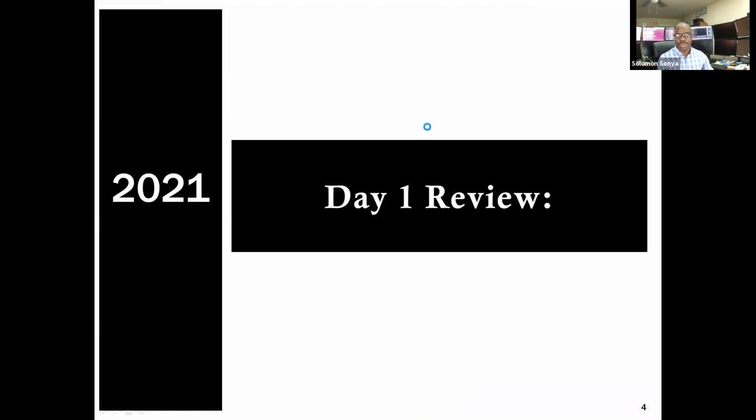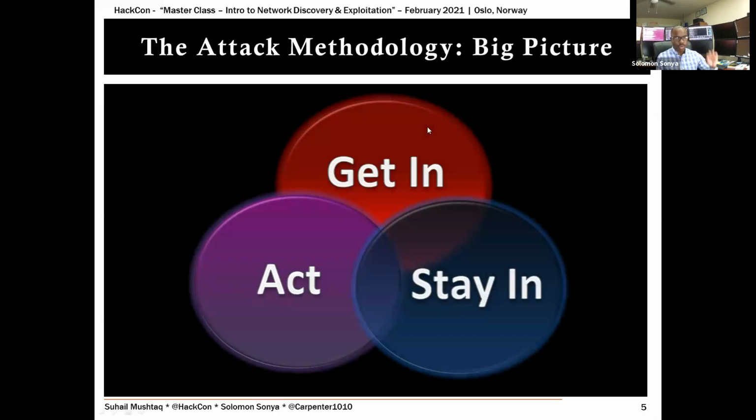All right, now to review a few things from day one. We mentioned that in the cyber attack methodology big picture, we want to achieve three main goals or objectives. The first one is to get in, the second one is to stay in, and the third one is to act. So get into a system, gain access to whatever it is that is protected that we're trying to go after with the cyber attack. Act, do some sort of action.